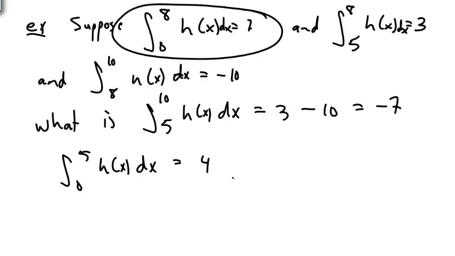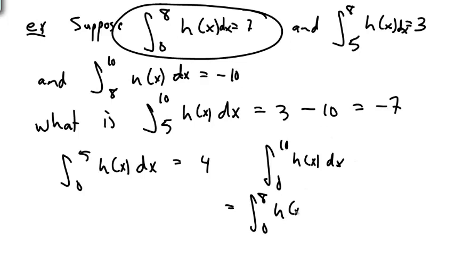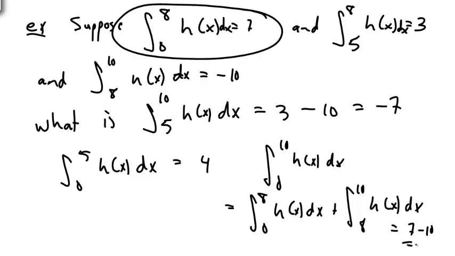What else do we have here? From 0 to 10, h of x dx, that's just the area from 0 to 8, h of x dx, plus from 8 to 10, h of x dx, and that was what? 7 minus 10, which is -3.